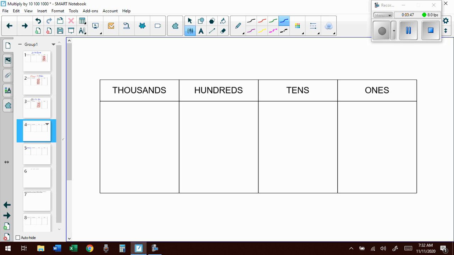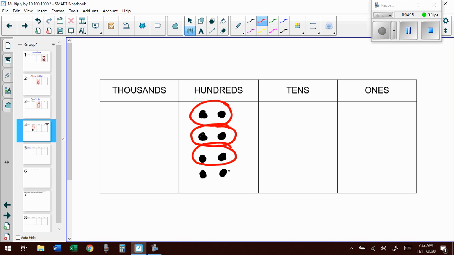Going that same way, but in the hundreds, we're going to have 2 hundreds. And I'm going to take that 4 times. So I have 1 200, 2 200s, 3 200s, 4 200s.